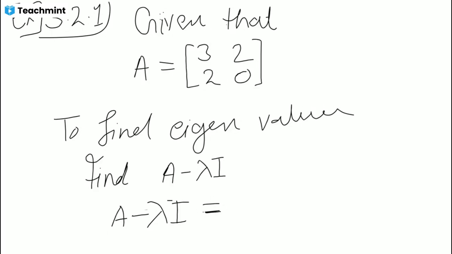A we have 3, 2, 2. Okay, I think this is not supported. I'm just taking the whiteboard of Zoom only. Can you see the whiteboard now of Zoom? Yes, ma'am. Okay.